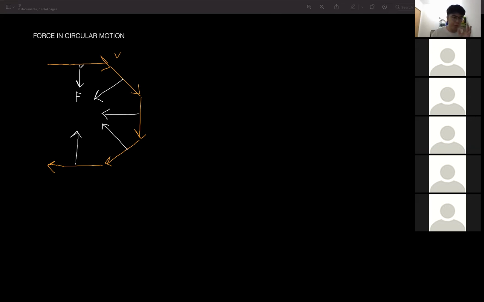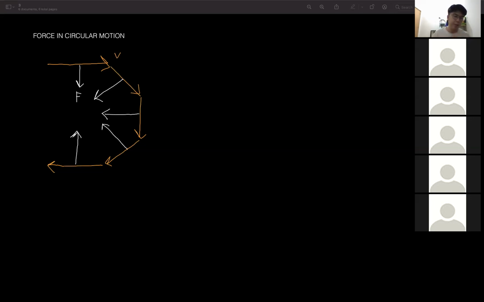Again, this vector is a very large vector. If you make it a very small vector, you get a circular motion. Why is the object moving in circular motion? Because there's always a force acting perpendicularly to the direction of the velocity. So with this force, I can change a straight line into circular motion.